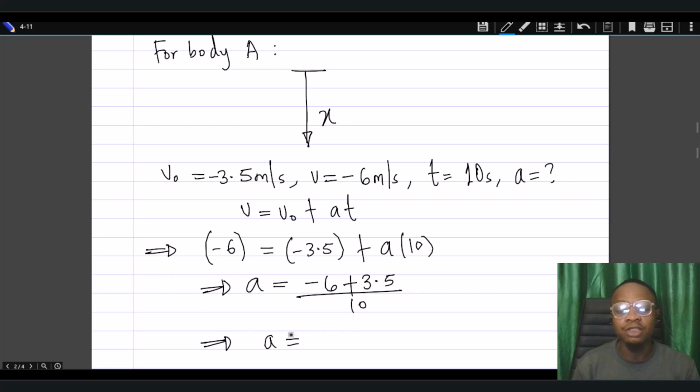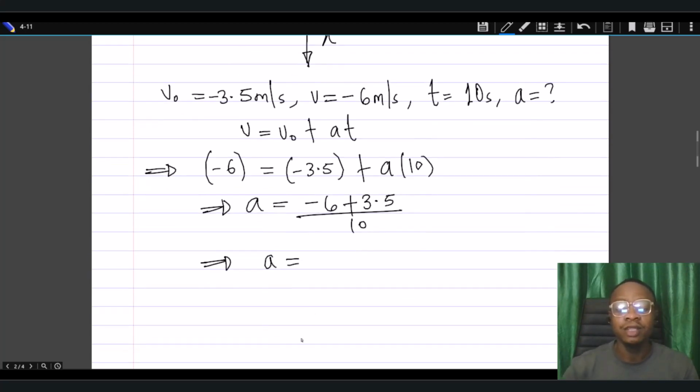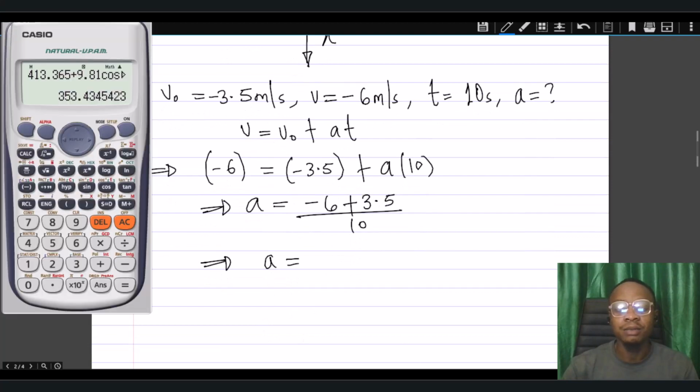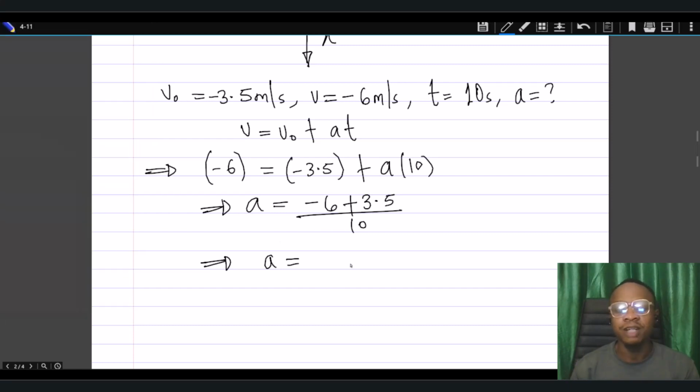So acceleration will be equal to, let us calculate that. Let's bring up our calculator to deal with that. This is minus 6 plus 3.5, divided by 10, and that gives us minus 0.25.